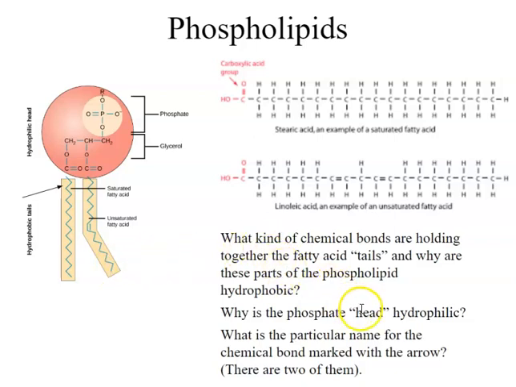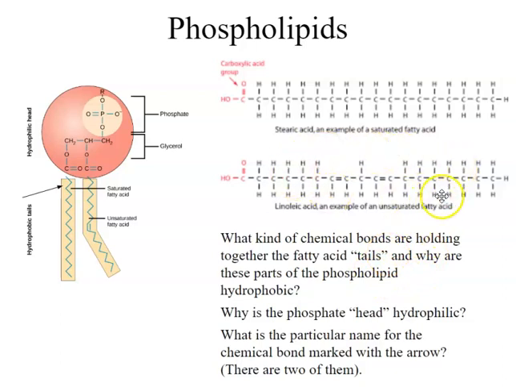So some of the questions that I've written for you here on this slide are: what kind of chemical bonds are holding together the fatty acid tails, and why are these parts of the phospholipid molecule hydrophobic? The chemical bonds that I'm referring to are the carbon-carbon bonds and the carbon-hydrogen bonds. Those are very nonpolar covalent bonds.